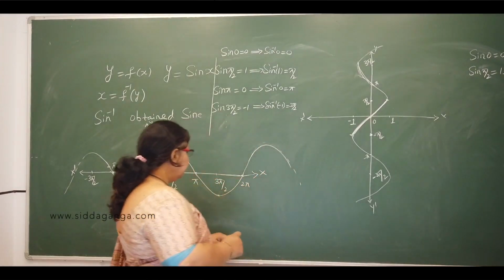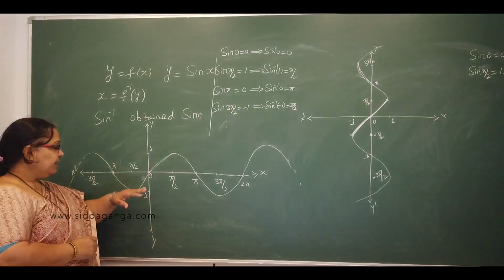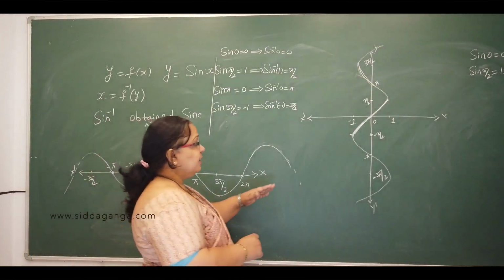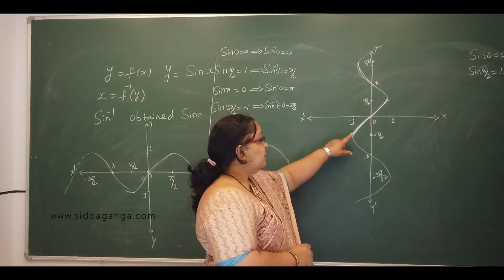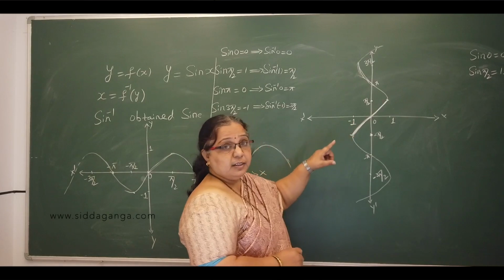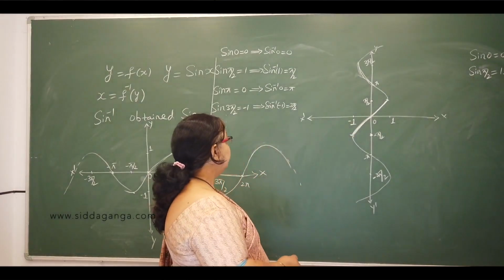So this is the graph of the sine function, and by interchanging x and y axis we get the graph of the sine inverse function. The darkened part represents the principal value branch range of sine inverse function.